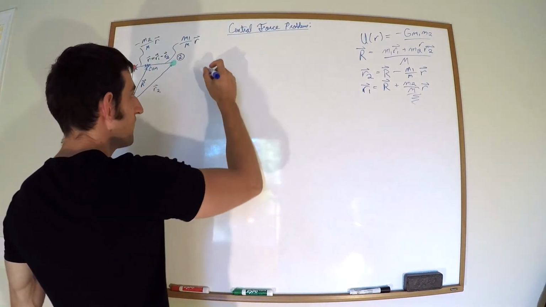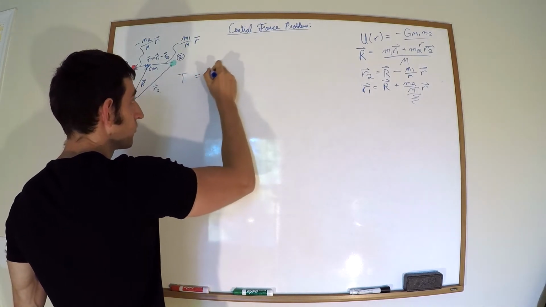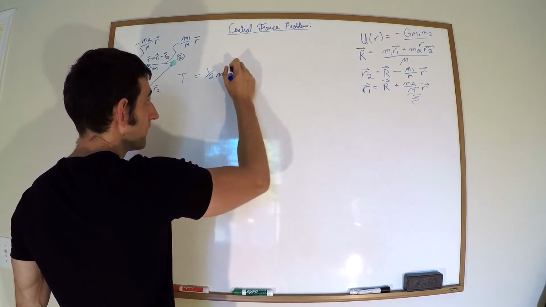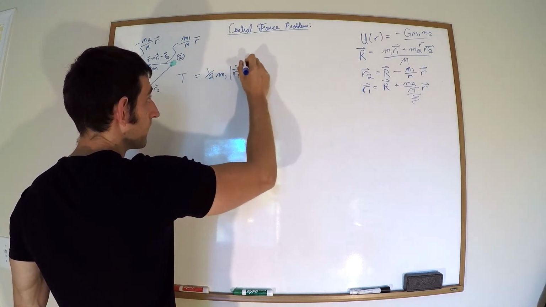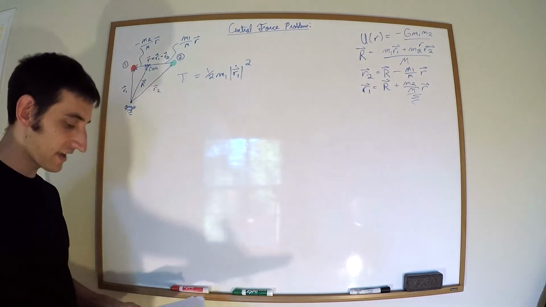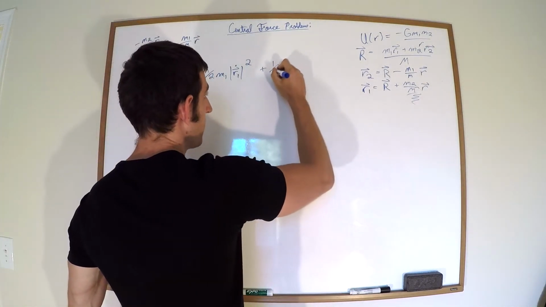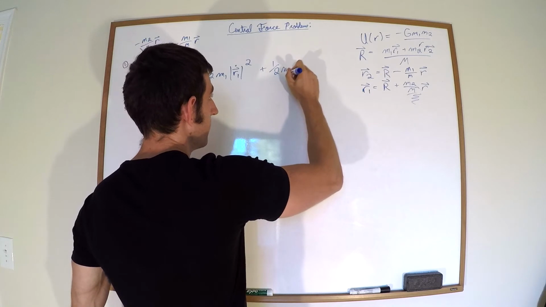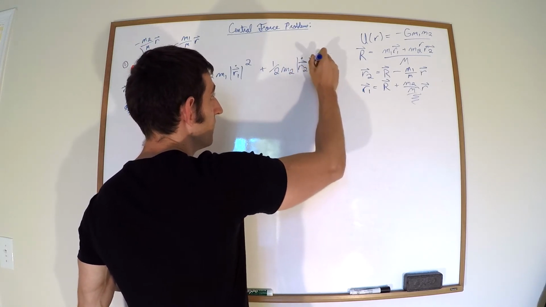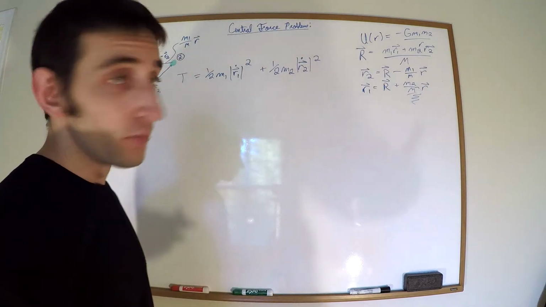So what we found when we were defining the Lagrangian previously is that T is equal to 1/2 m1 r1 dot squared. That's basically the magnitude of the velocity of that guy there. And we had the kinetic energy, 1/2 m2 r2 dot, the magnitude of that squared, planet 2, mass 2.